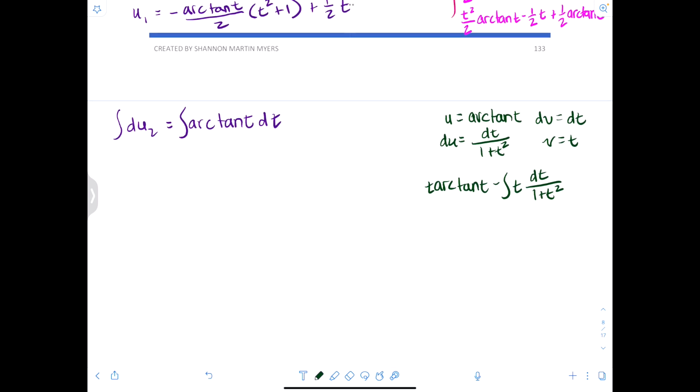So we'll have t arctangent t minus integral of t over 1 plus t squared dt. Now to integrate that, the derivative of the denominator is 2t, so I need a 2t dt. So I'll balance it out with that 1/2.